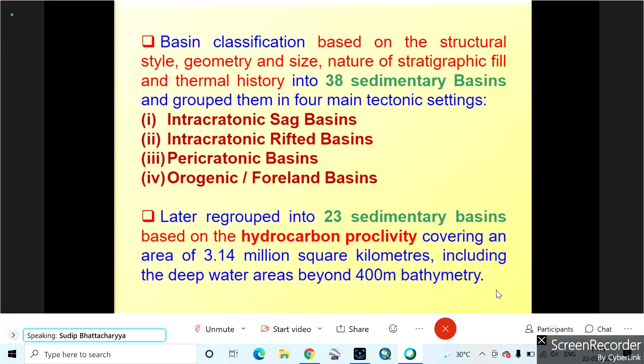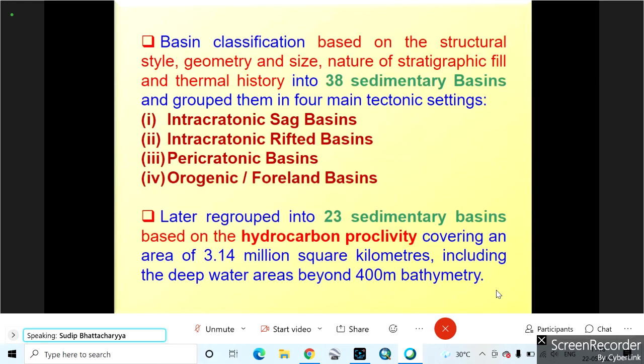So within these 4 main tectonic settings, the first one you can see is the intratectonic sag basins. Sag basins means the primordial, primary depression. Some depression is there and sediments are being accumulated, not related with the tectonically active basins. So this is the intratectonic sag basins.